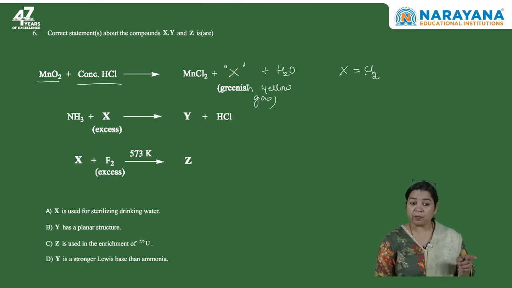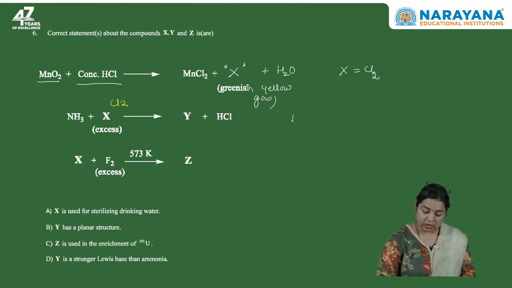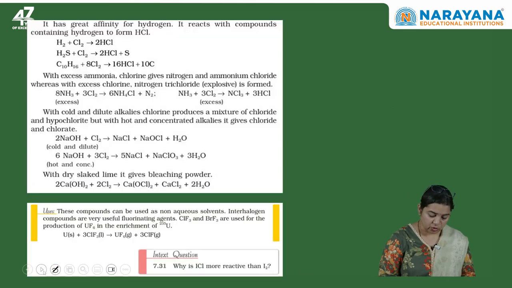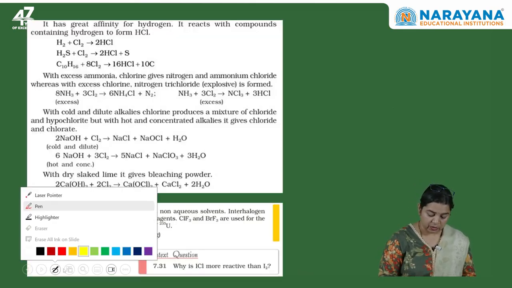Now ammonia plus X. So what is this X? This X, as we identified, is chlorine gas. Coming to the NCERT extract, it says ammonia plus 3Cl2. When chlorine is taken in excess, then NCl3 plus HCl is formed. Let me take you to the exact cutting of NCERT. What is mentioned there?